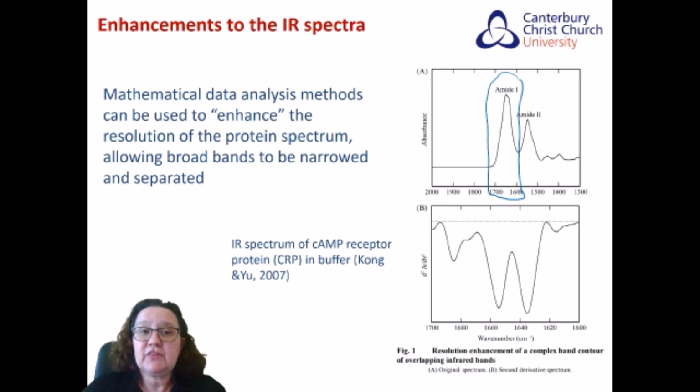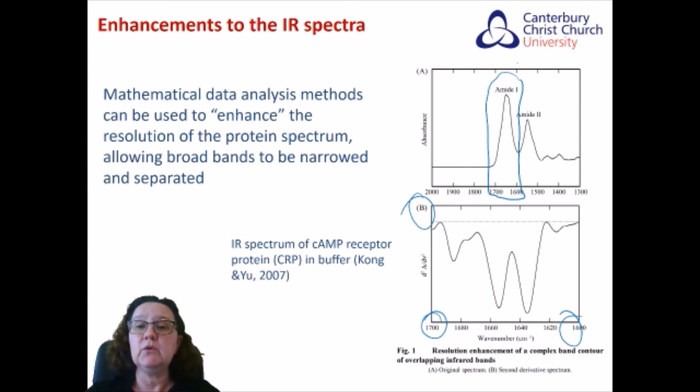However, there are mathematical analysis methods that you can use to enhance that band, computational methods. And if you look at the image below, it's the same range, between 1700 and 1600. So that's the amide 1, but instead of being the Fourier transform infrared spectrum, it is the second derivative spectrum.